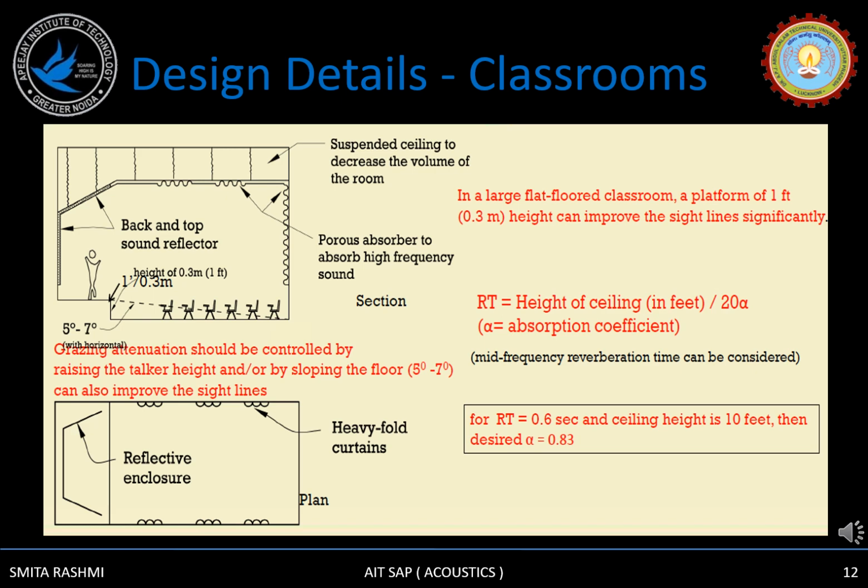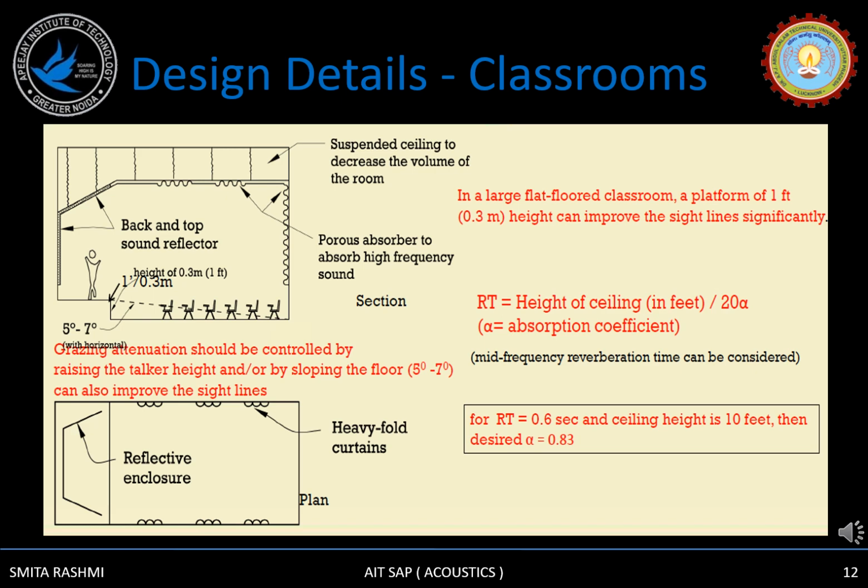So if we know the height of the ceiling, or we are suggesting some kind of drop ceiling, we know the height of the ceiling and the RT required in a classroom, so we can figure out what should be the absorption coefficient of that porous absorber.